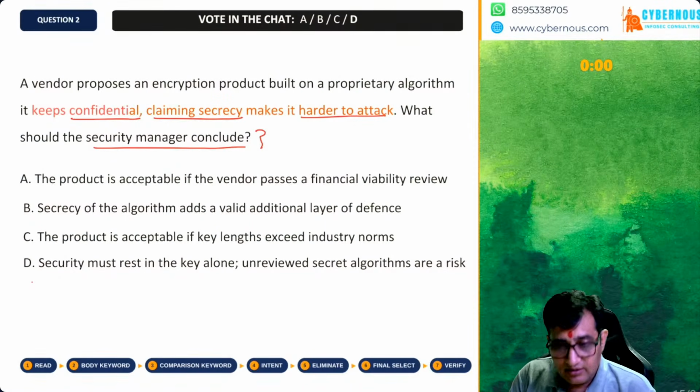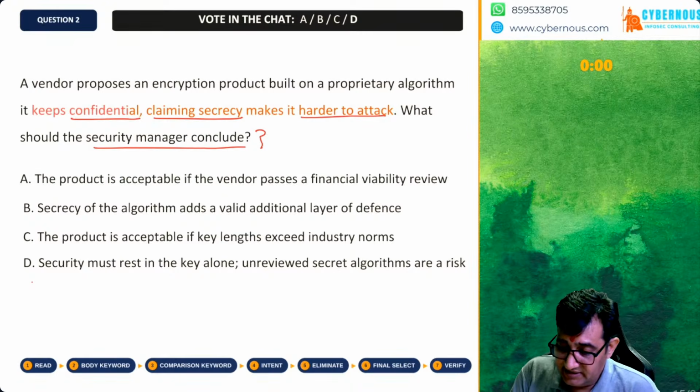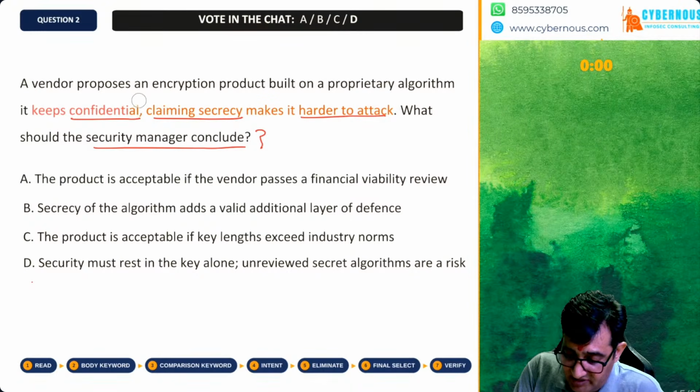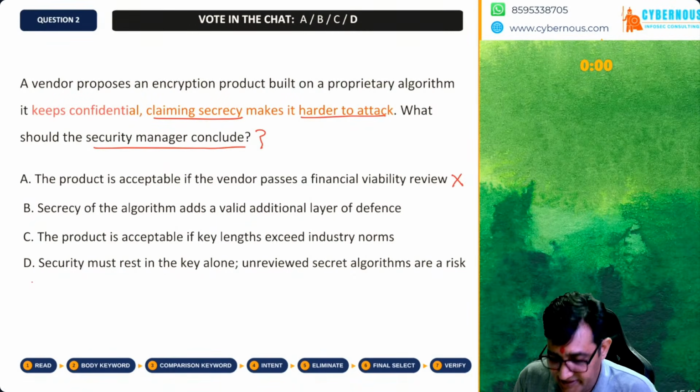It says the product is acceptable if the vendor passes a financial viability review. You need a product which gives you confidentiality, and you have to decide. I don't think it is just going to be about the costing, so we can eliminate that.